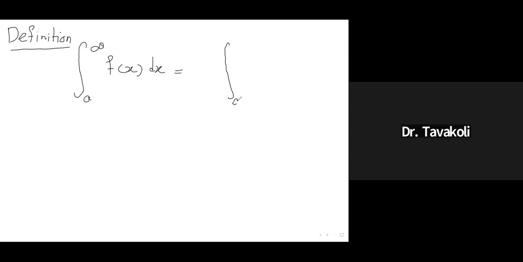I calculate the integral from that given a up to b of f of x dx. So a is a given number, but for now b is just a letter. And then I let b tend to infinity. And that's how we calculate the improper integral. But this is not completely clear unless we do examples.